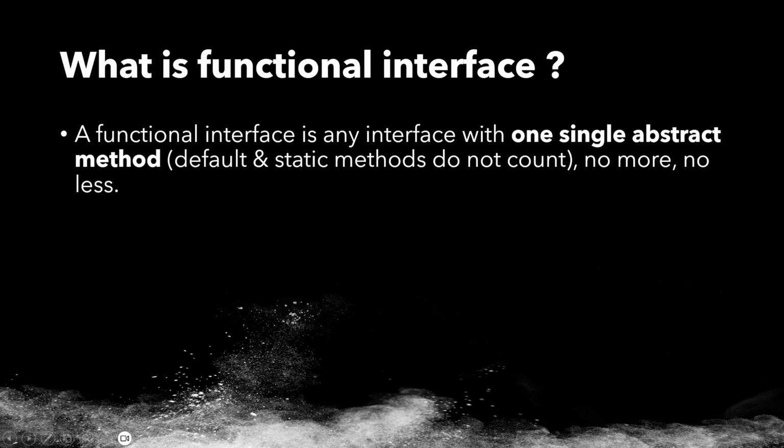Okay, so a functional interface is any interface with one single abstract method. What it means is the interface cannot have more than one abstract method. And from Java 8, you can also have default methods, and those methods do not count. So default and static methods, we do not count. We are only concerned about the abstract methods.